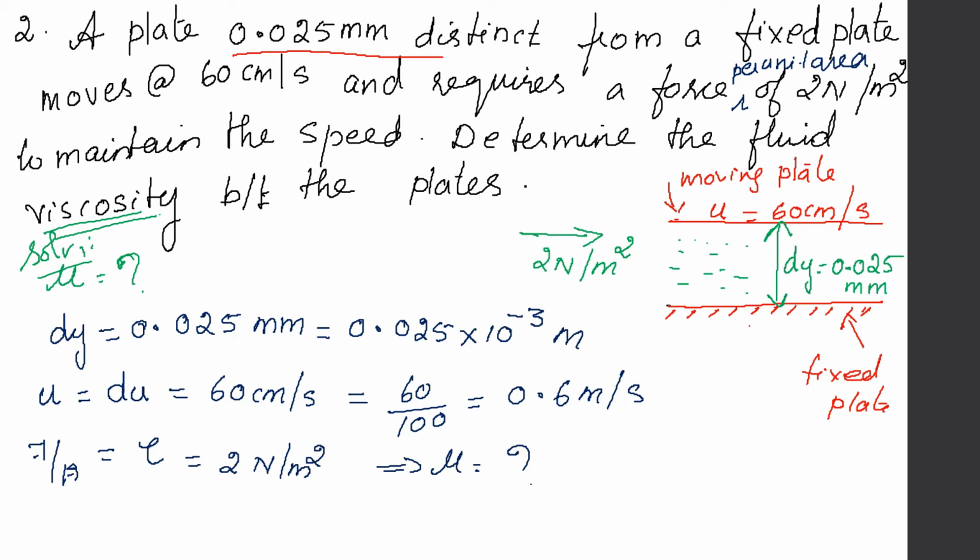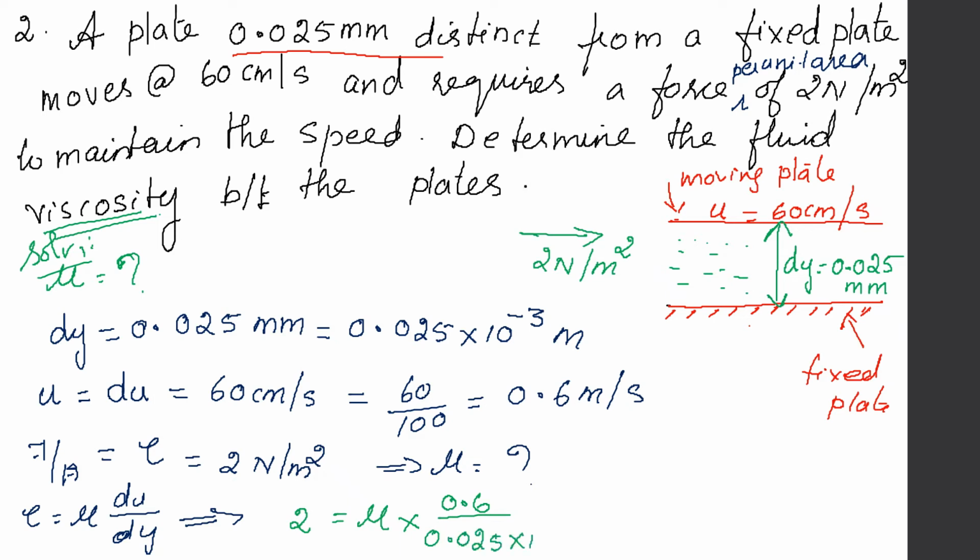We know Newton's law of viscosity, tau is equal to mu into du by dy. So tau is equal to 2 Newton per meter square is equal to mu into du by dy. Du is 0.6 meter per second and dy is 0.025 into 10 raised to minus 3 meter.